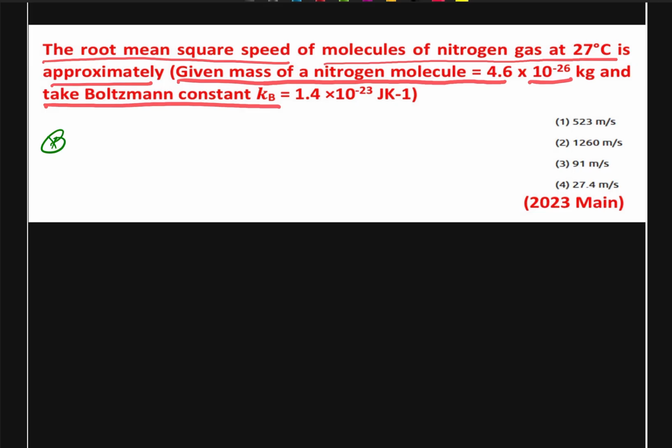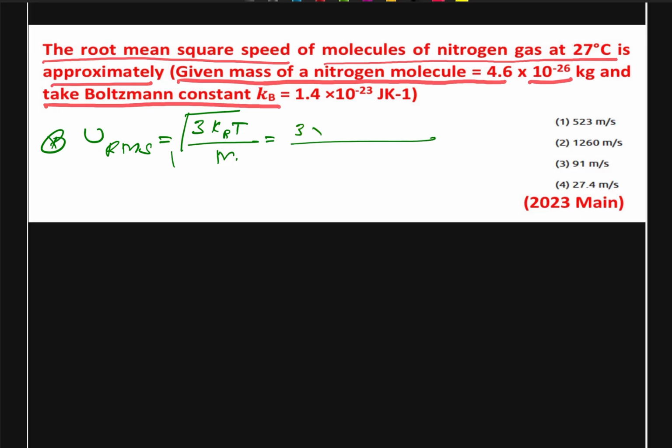So we know that r.m.s is equal to the square root of 3 kBT divided by the mass. We simply substitute the values.